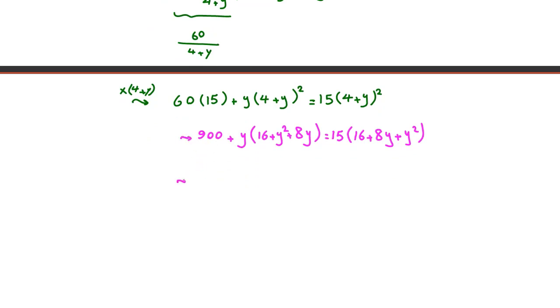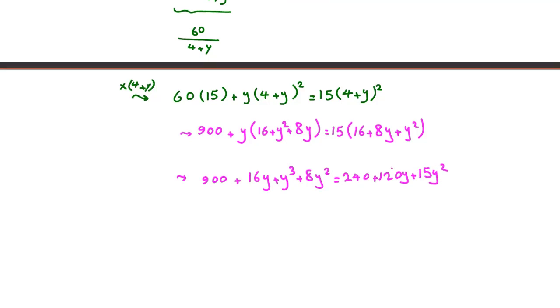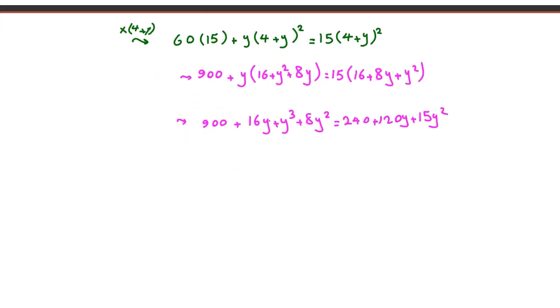Now, in the next step, we can say 900 plus 16y plus y cubed plus 8y squared equal to 15 times 16, 240, plus 120y plus 15y squared. Okay, let's simplify as much as we can. So here we say y cubed, we consider this.